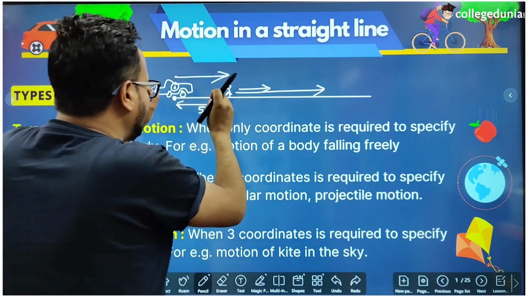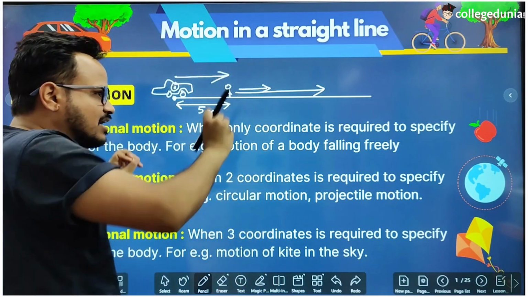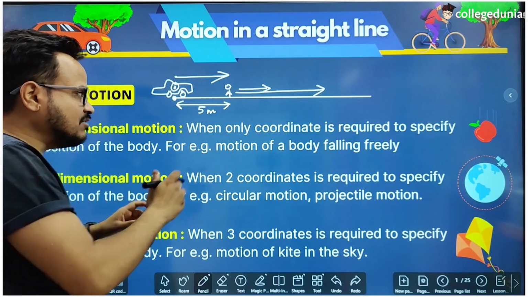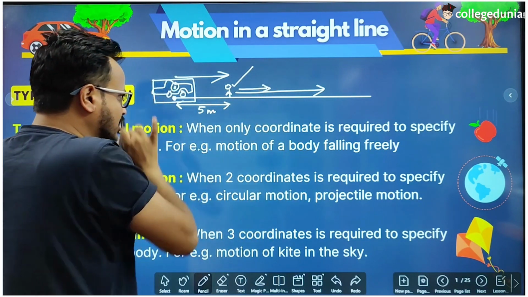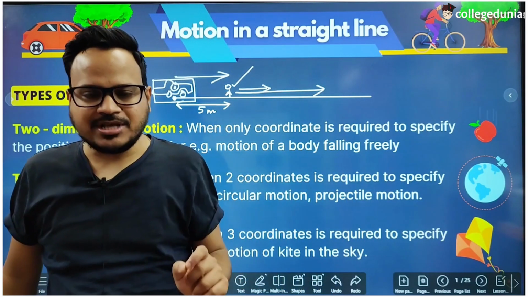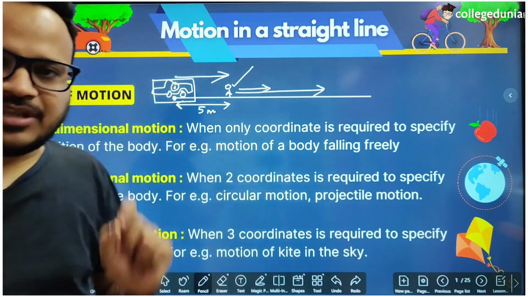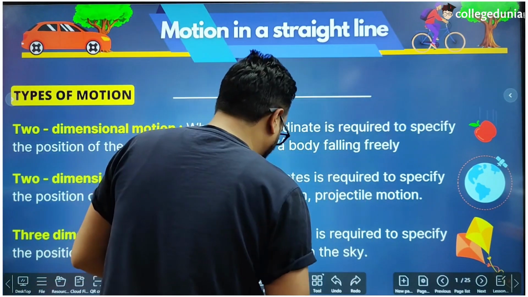So the distance between this car and this person is changing randomly. So you cannot specify the motion of this man with the help of this moving point. So we take a fixed point as origin, and with the help of that fixed point we describe the motion of each and every object moving.